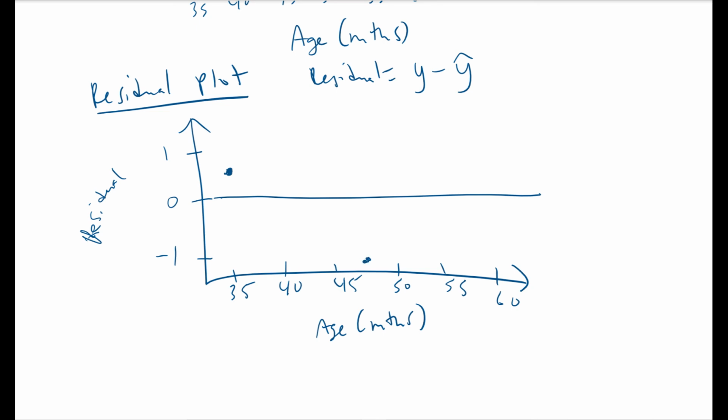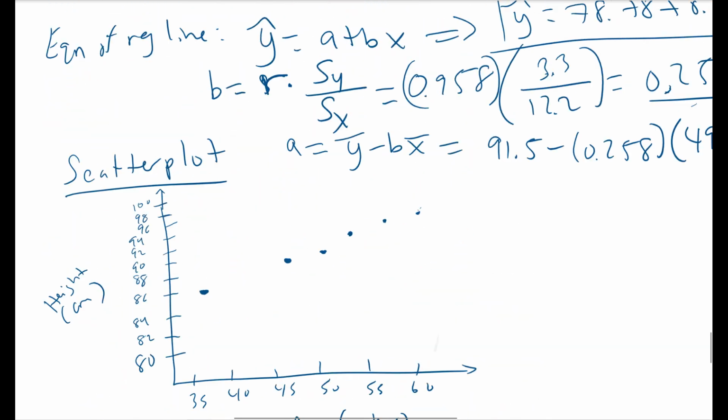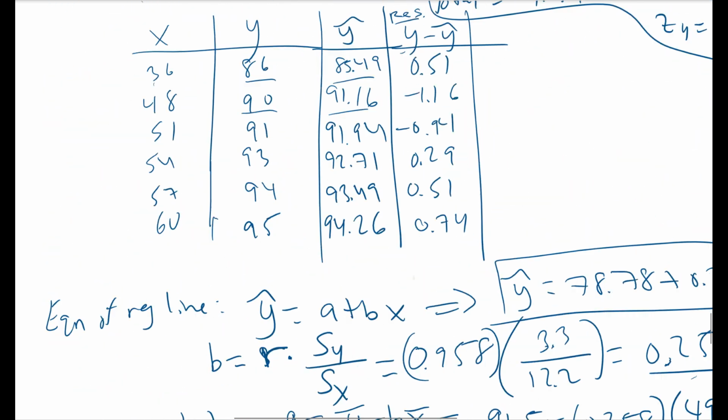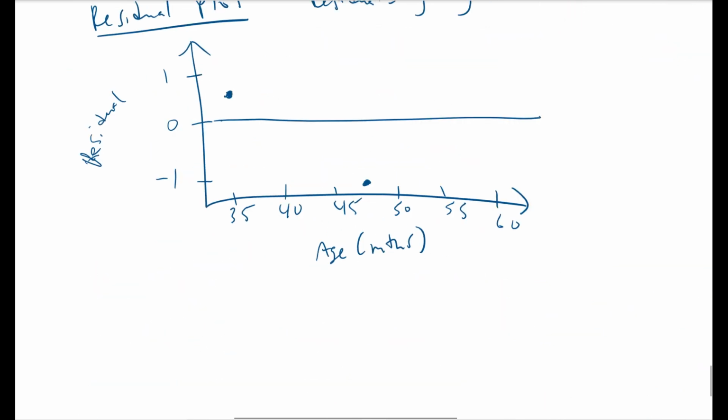So around here. When it's about 51, it's about negative 0.94. Let me go back to our number, to the table. Yeah, negative 0.94. Switch it around here.